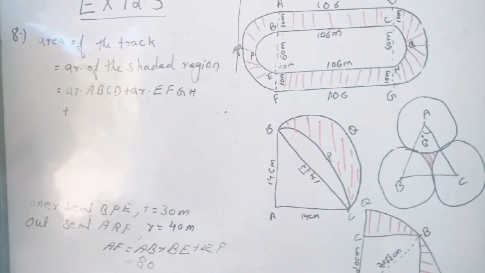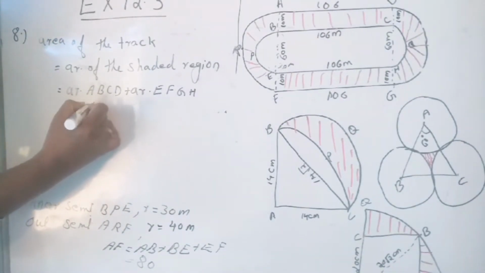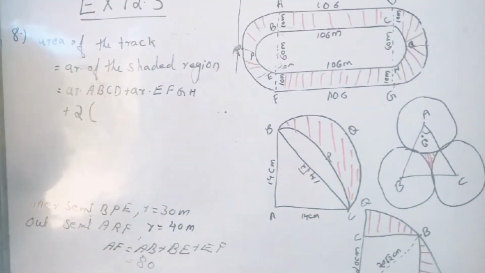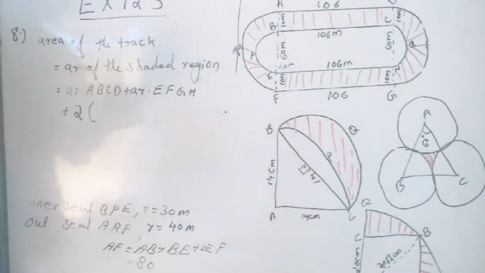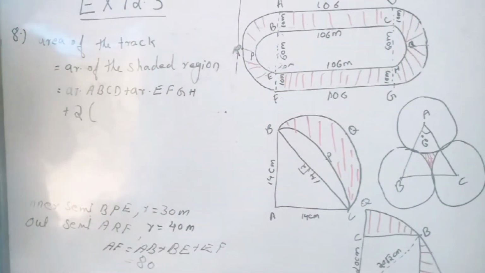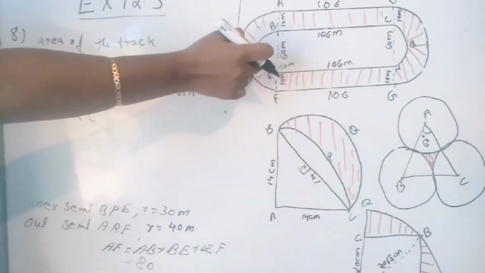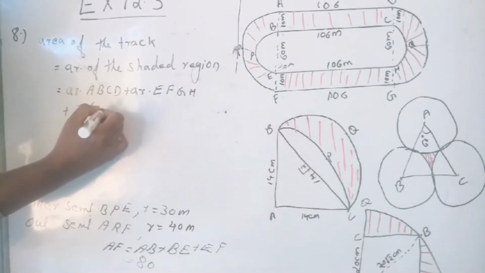So we can write it as 2 times 2 into. Now, how can you find the area between two semicircles? That is actually area of outer semicircle minus area of inner semicircle.